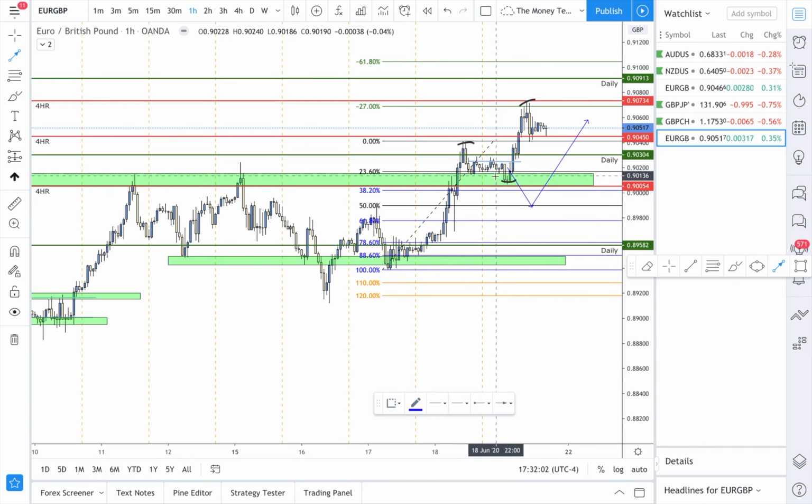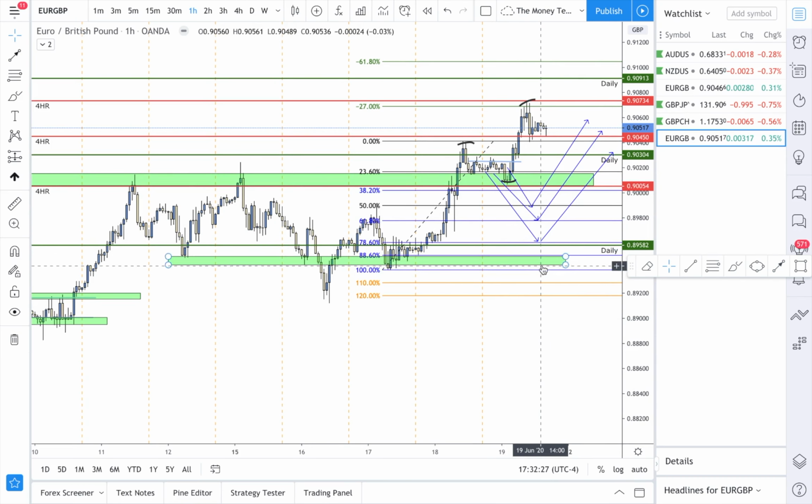Price could have come down to the 61.8 and then continued up. Price could have come down to the 78.6 and then continued up. And this goes the same all the way up until the 88.6 and 100%.